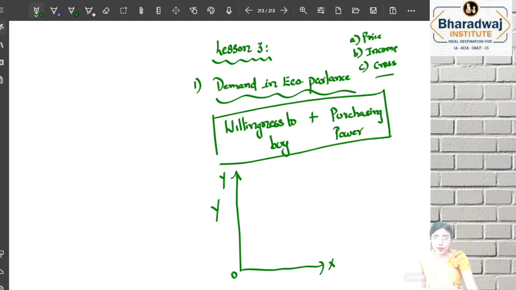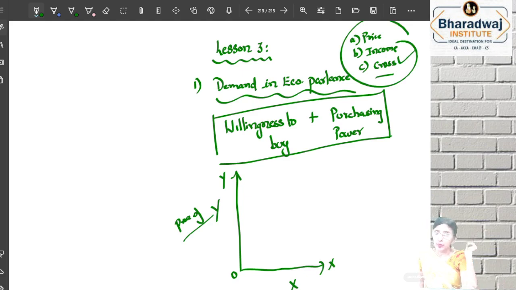And in cross demand you will have quantity demanded of X commodity, price of Y commodity. Now the question if they ask, please look at it. In demand analysis, what are the parameters in the X and Y axis? Of the four options, you choose an option which says it depends upon price demand, income demand, and cross demand. If you find a term like this, tick mark.